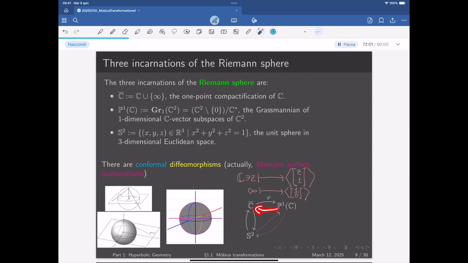This map is just realizing that any vector subspace whose second entry is non-zero can be represented by a vector of this form. What you do is take any element of that vector subspace whose second entry is not zero, and then divide by that second entry.